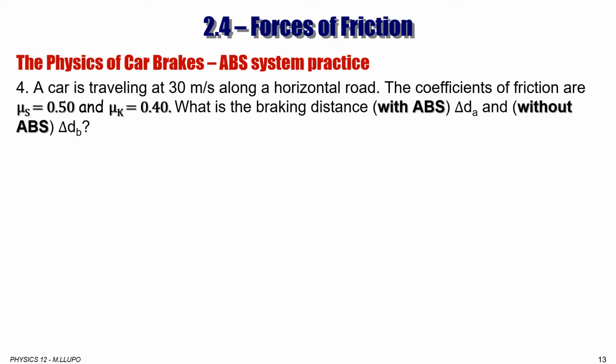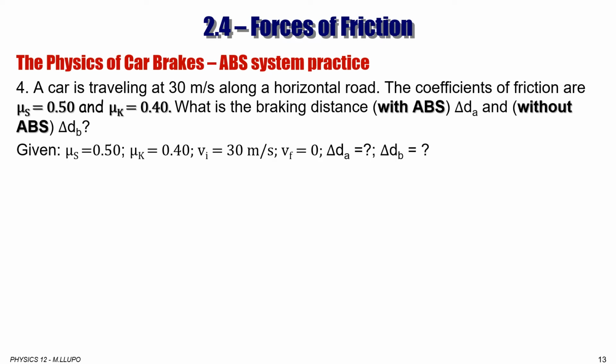What is the braking distance, delta dA with ABS and delta dB without? So what is given? Coefficient of static friction 0.50, kinetic friction 0.40. V initial is 30 meters per second, V final is 0, it has to come to a complete stop. Delta dA and delta dB are required.